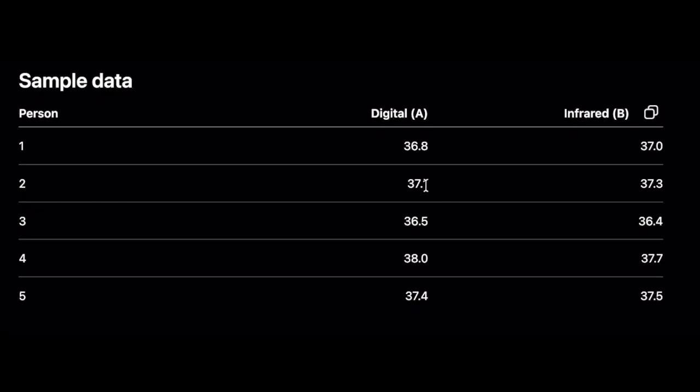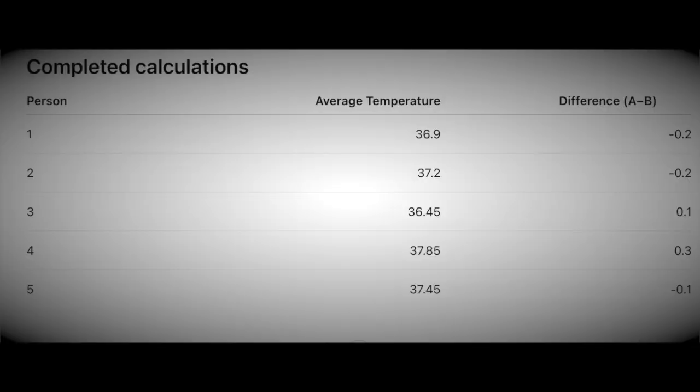How you would do this practically: say you have one method where you're using a digital thermometer to measure temperature, and then you're comparing it with a second approach where you use an infrared thermometer. So you get some data outputs based on that. Say you did it for 5 people in this instance. The first analysis you would do then is to compute the averages of the reads that you got based on each type of method.